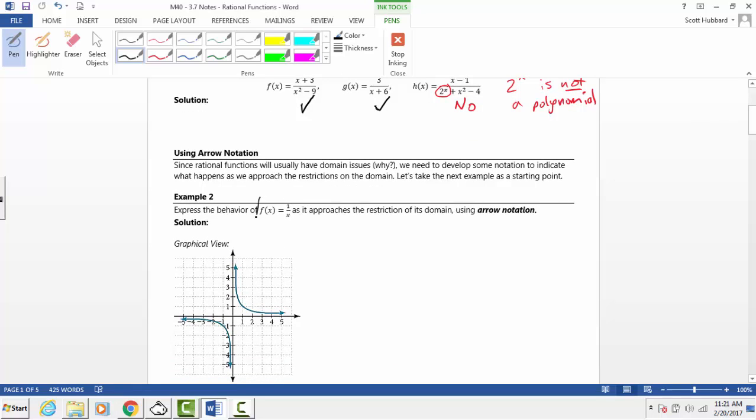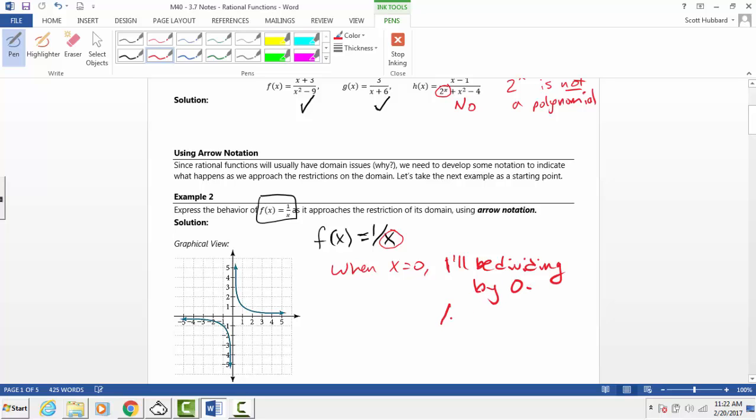So if we take a look at this graph right here, f of x equals 1 over x, that's a rational function, and that's going to have a blow-up spot, because see how I have trouble right here, I could divide by 0. When x equals 0, I'll be dividing by 0 in this function.